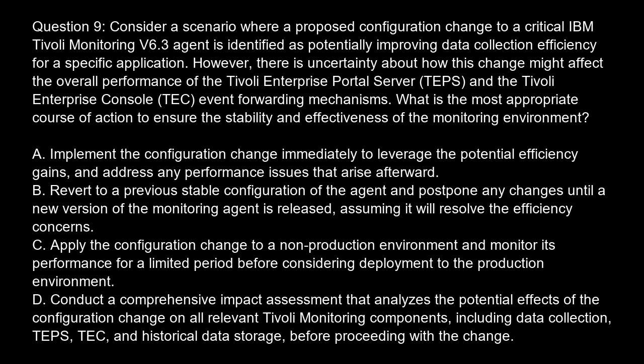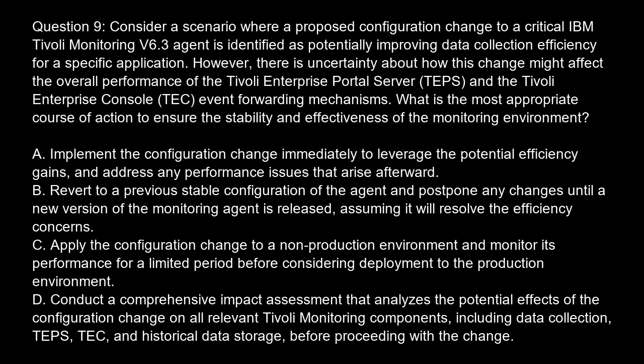Option A. Implement the configuration change immediately to leverage the potential efficiency gains and address any performance issues that arise afterward. Option B. Revert to a previous stable configuration of the agent and postpone any changes until a new version of the monitoring agent is released, assuming it will resolve the efficiency concerns.